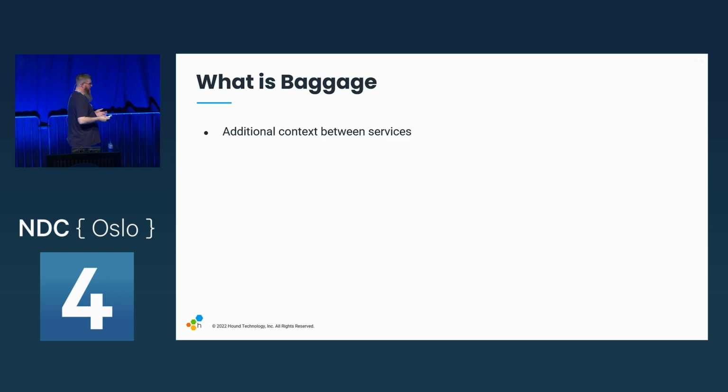So baggage was built as part of the W3C trace context to provide context between your different applications, which allows you to influence the telemetry that's created. It is not an attribute that will appear on every span from there on out.